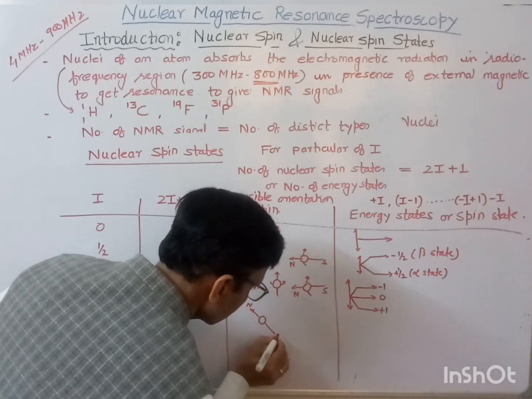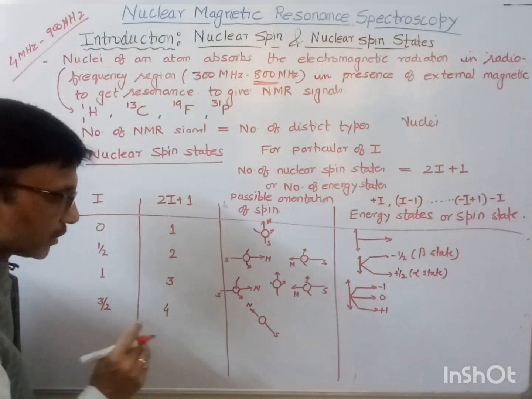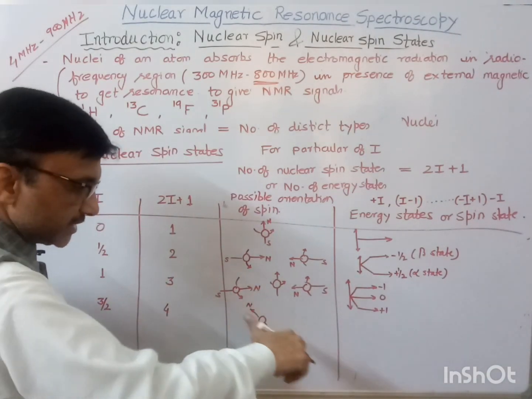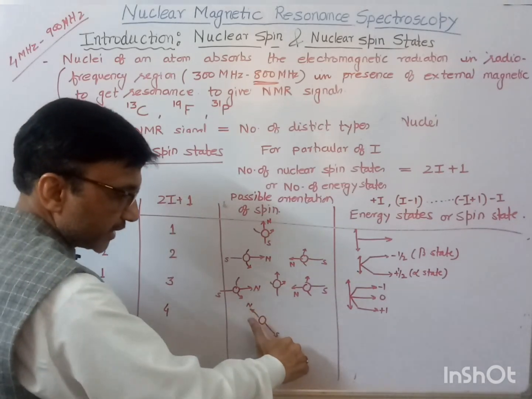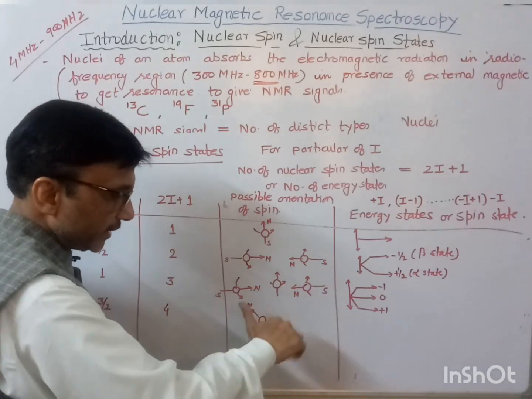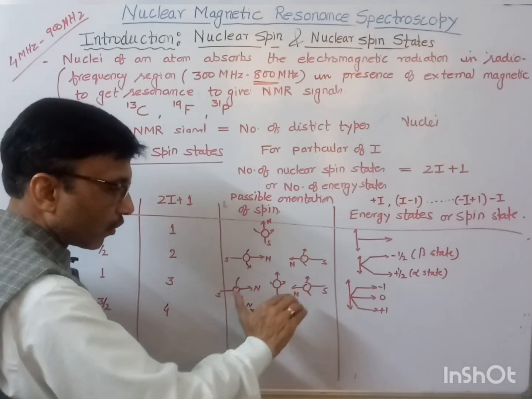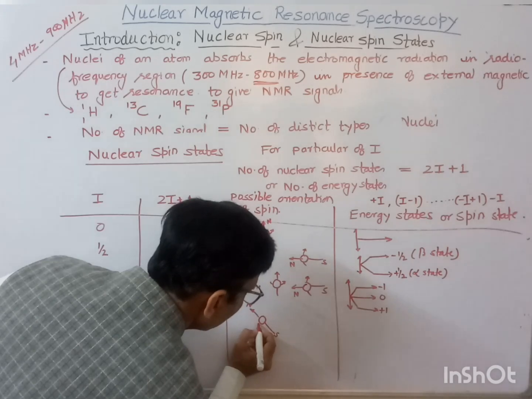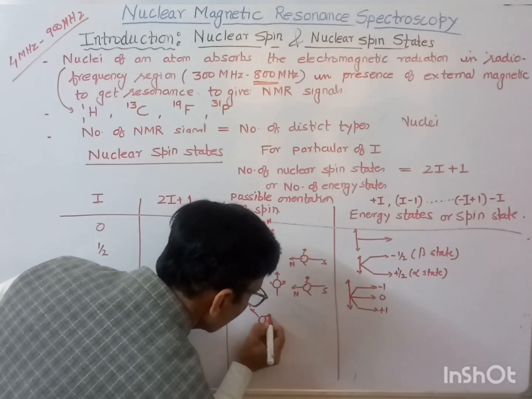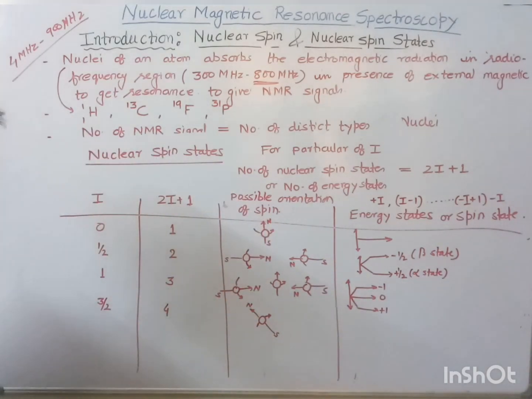This is north, this is south. The direction is like this. This is the direction of the thumb, which is the direction of the magnetic field, and the direction of rotation of nuclei would be like this.